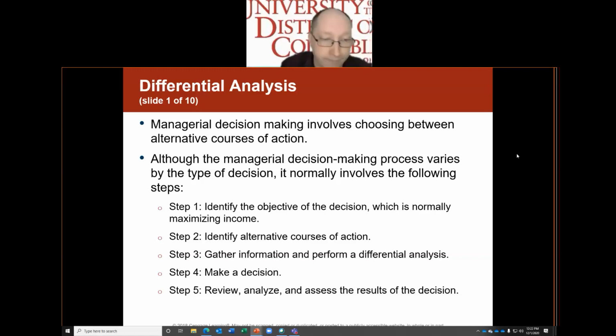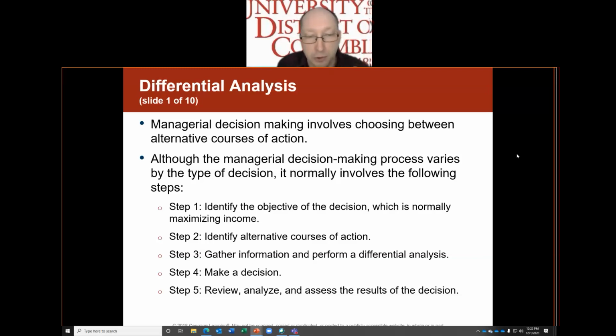That's step one. Step two, identify your alternative courses of action. Do I go with choice A, choice B, or choice C? Okay, those are my three alternatives.